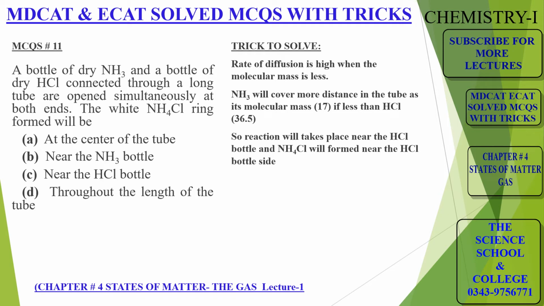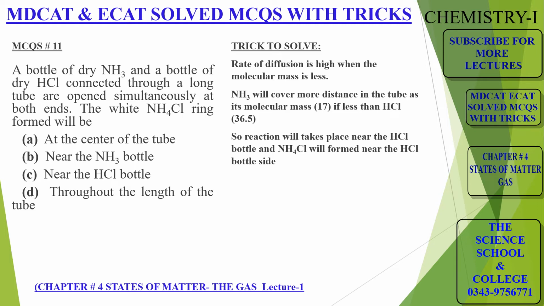The rate of diffusion is high when the molecular mass is less. The molecular mass of NH3 is 17, while the molecular mass of HCl is 36.5. So, the rate of diffusion of NH3 will be very fast as compared to that of HCl gas.